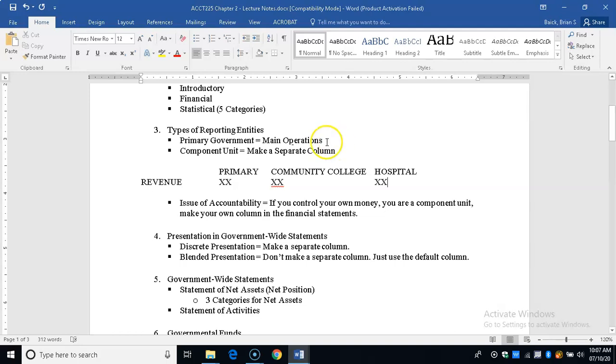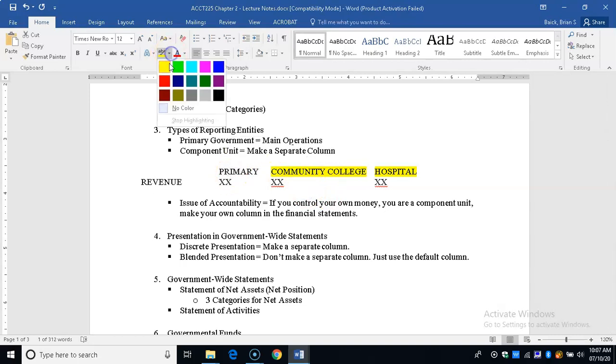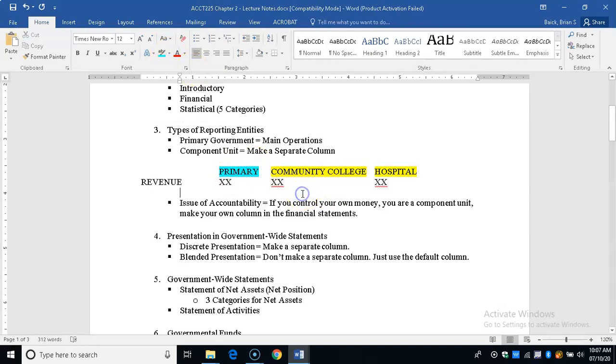So the question is, how do you know if you should make a separate column, like community college or hospital? And how do you know if you should just include everything in the primary column? How do you know when to do what? Well, this is an issue of primary government and component unit. Okay, so remember, primary government, basically this is your default category.